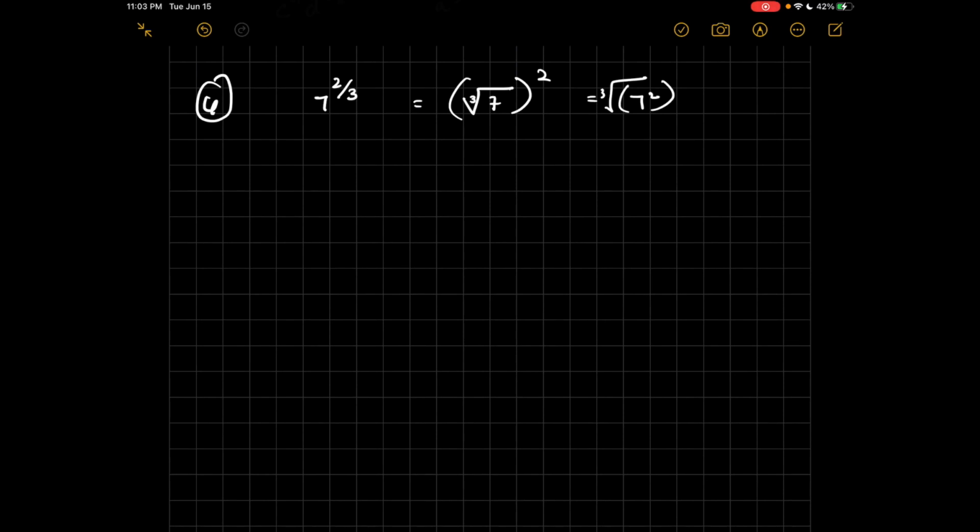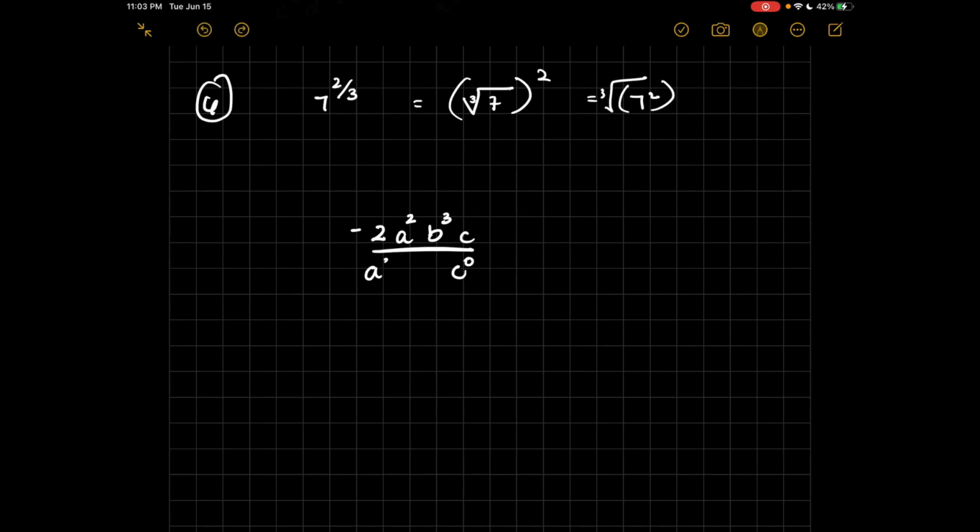We can combine all these rules here into a couple of problems. Let's say we were working with the problem negative 2a squared b cubed c over c to the power of 0 a cubed.